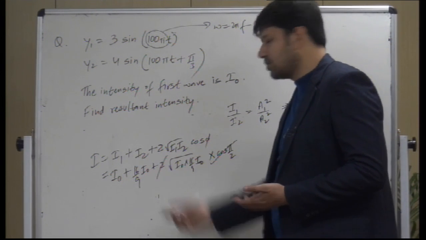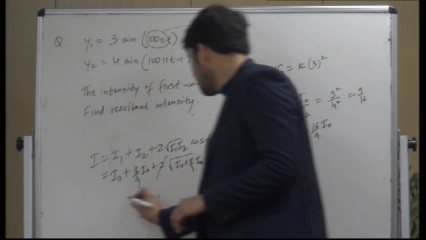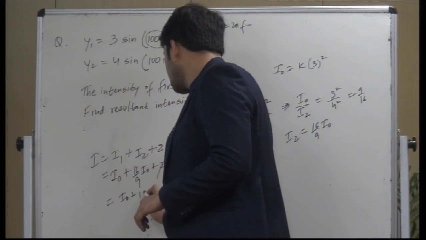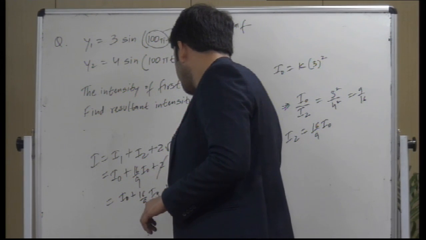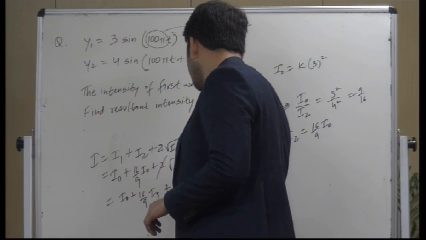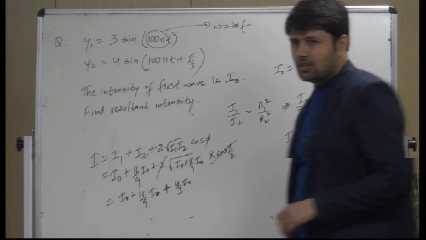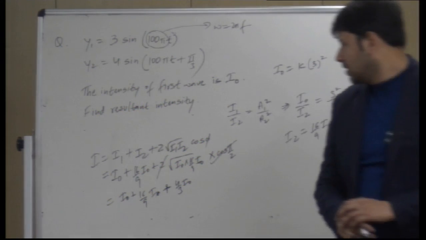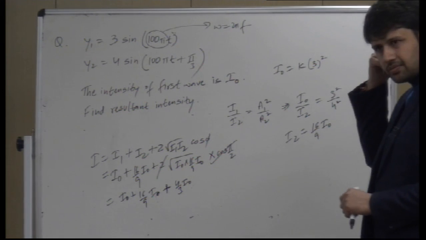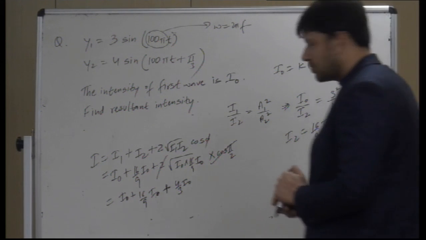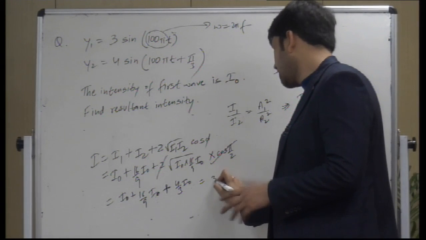So it would cancel. So I naught plus 16 by 9 I naught plus 4 by 3 I naught. These two would come out of root. So you can take LCM. Answer would be how much? 37 by 9 I naught.